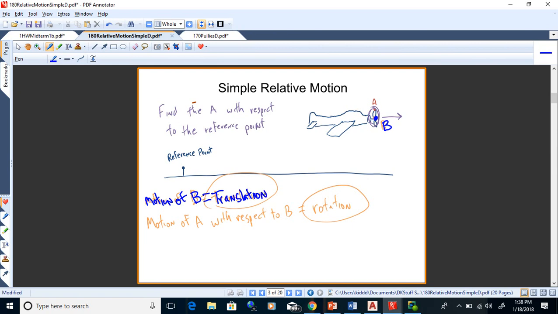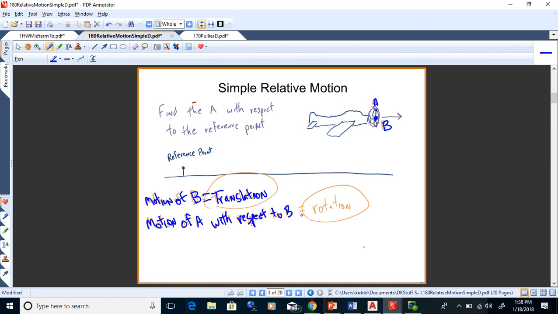I would call that a translation, maybe a parabolic motion or a straight line motion or something like that. And so that's a fairly simple motion. Now, if you look at the motion of A with respect to B, that's a pretty simple motion too. That's just a rotation. Okay?